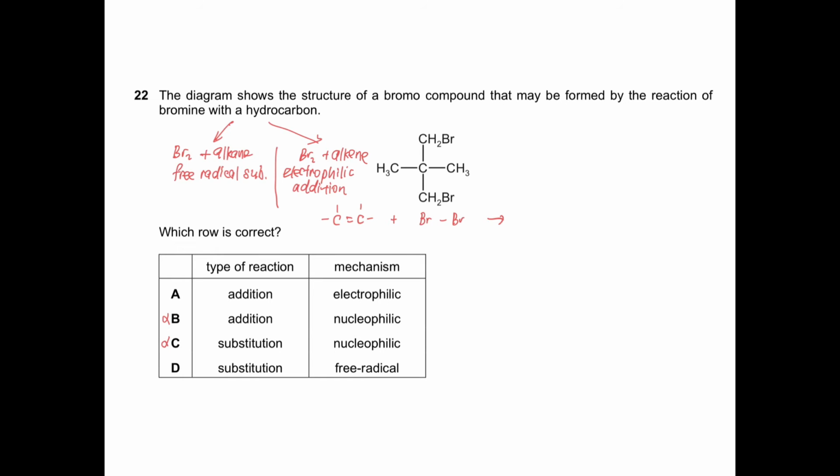We are not going to focus on that now. We just need to know what the product form is. The double bond that we have just now is now a single bond, and two bromines will stick to the two carbons that previously had the double bond.